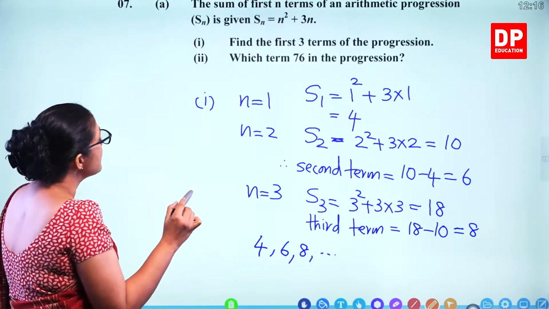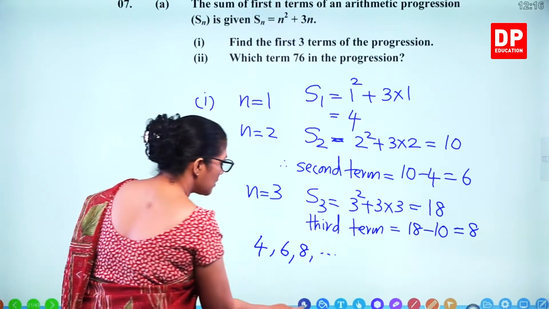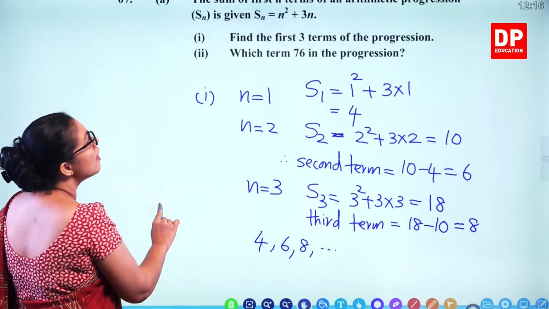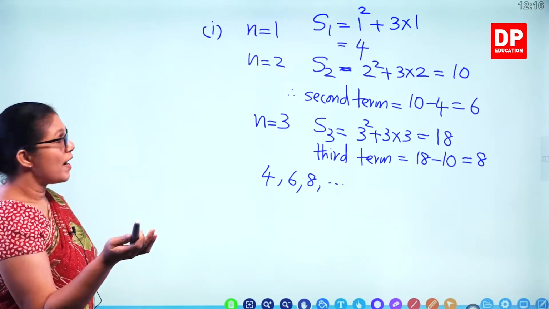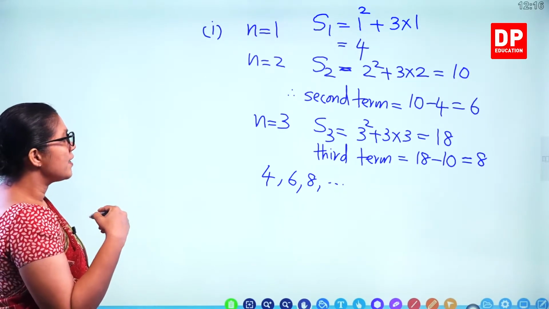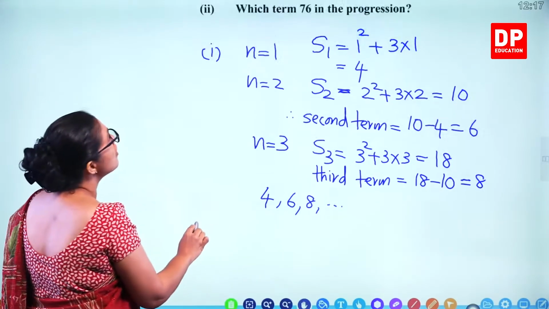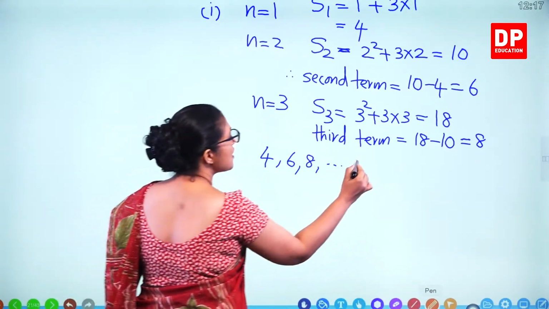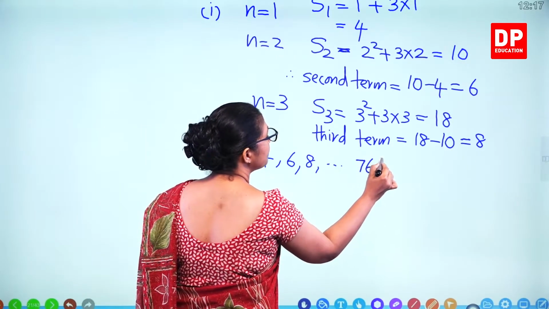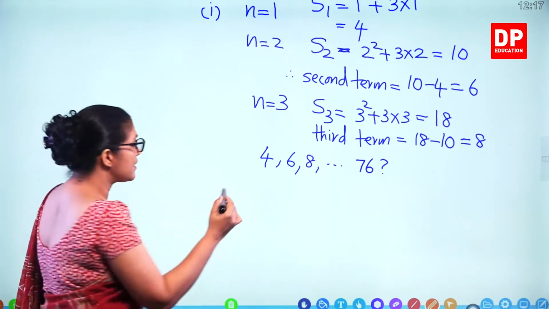And the second part: which term is 76 in the progression? That means we have to find the nth term. It's easy to find the nth term and then find which term is 76. Now, how do you find the nth term?